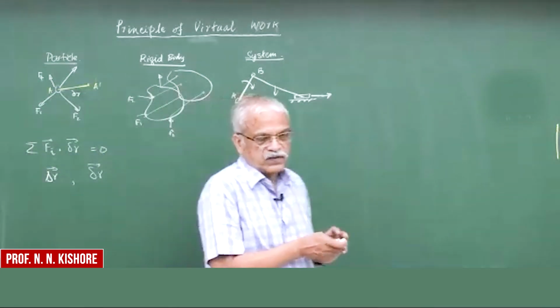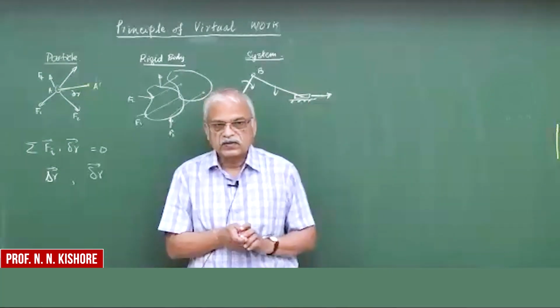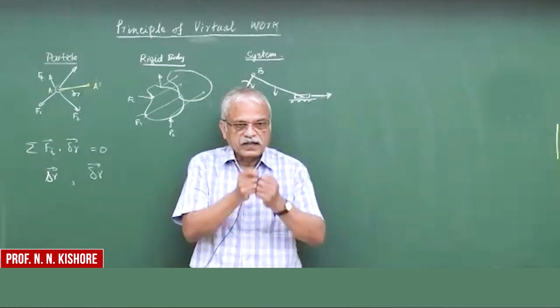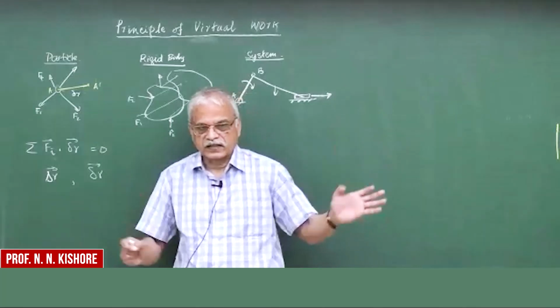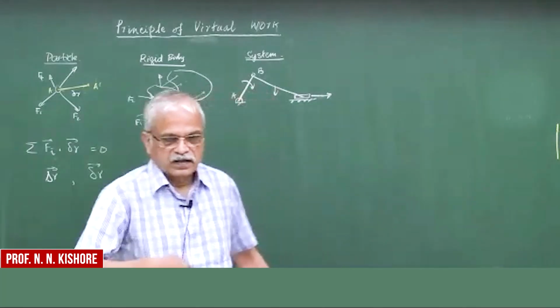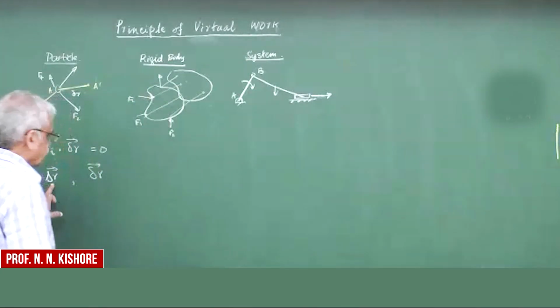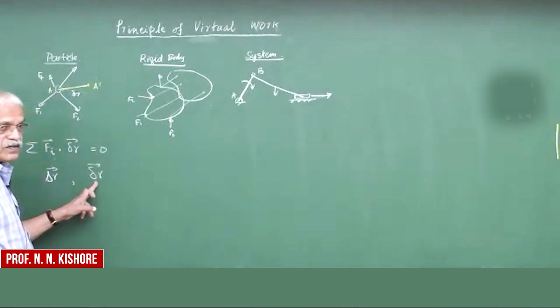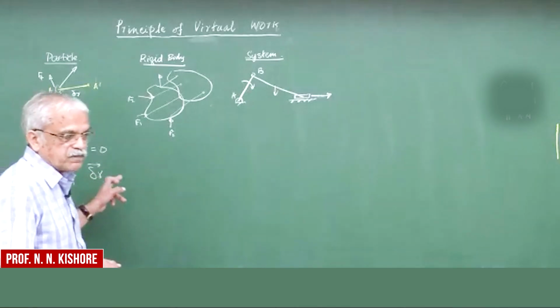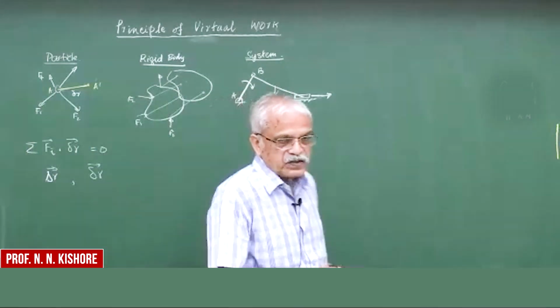That means if you have unbalanced forces, the particle will actually move in a certain direction, given by the velocity at that point. This is the actual displacement, whereas this one is only a hypothetical or virtual displacement.